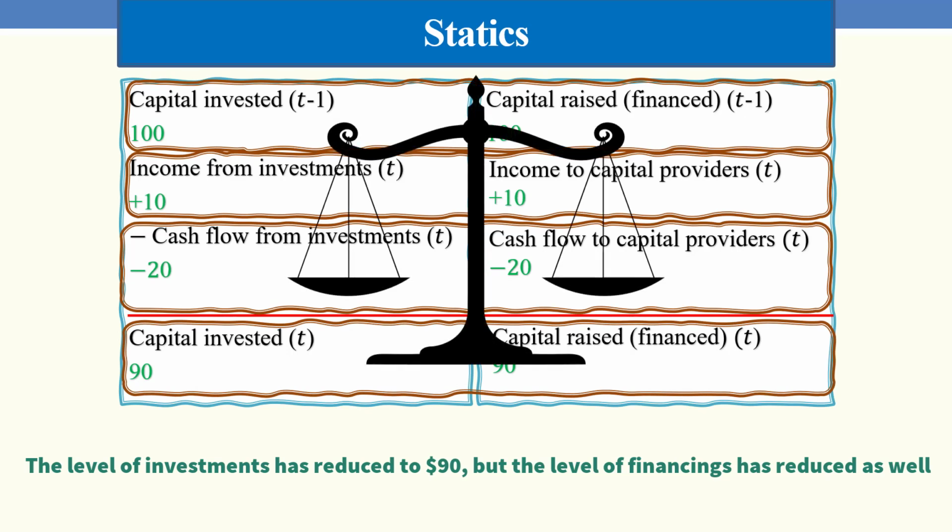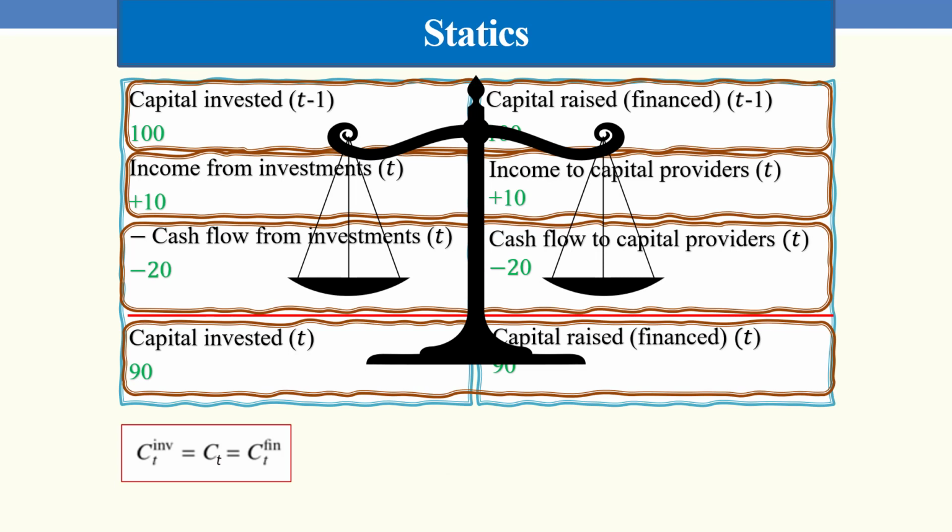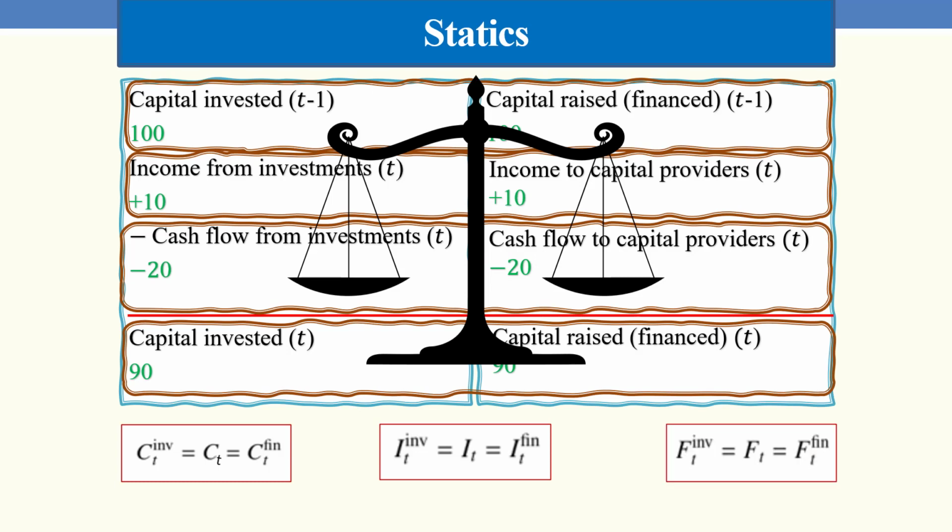Using the superscript INV for investment and FIN for financing, we can write the static equilibrium for the three fundamental ingredients. The capital invested is equal to the capital which is financed by the capital providers. The income from investments is equal to the income to financings, that is the income to capital providers.